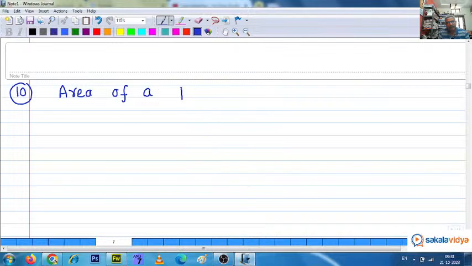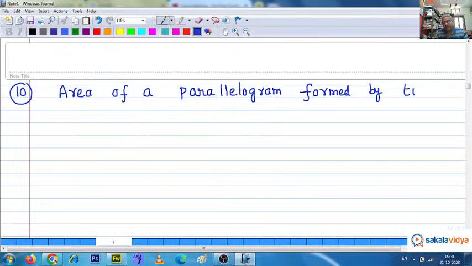Area of a parallelogram formed by two vectors P bar and Q bar is equal to what? Modulus of P cross Q.